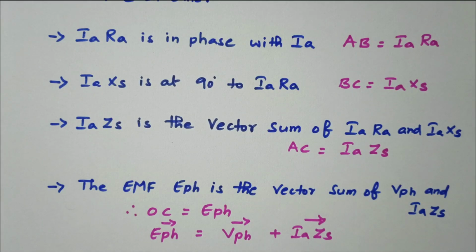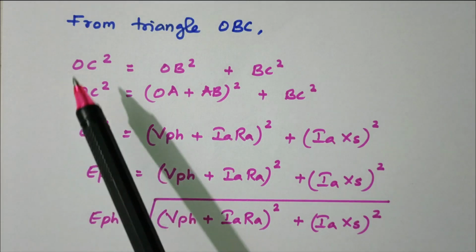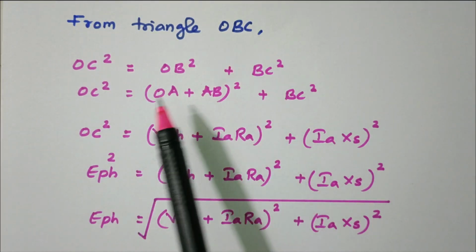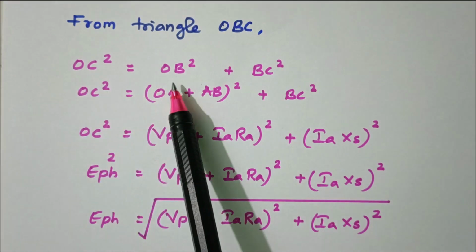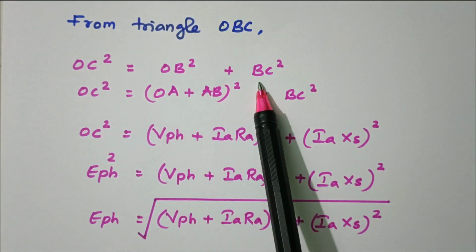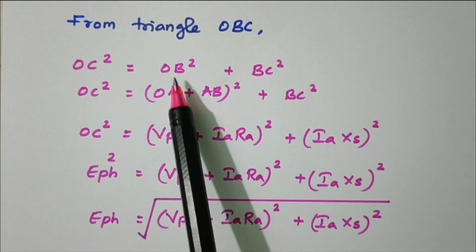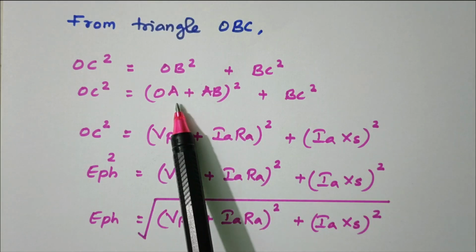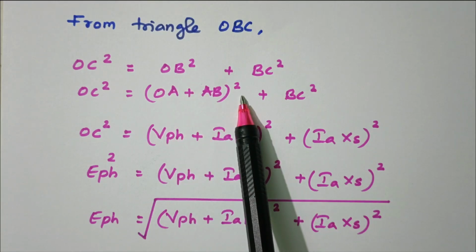Now we'll go to another expression to find the final equation. From this triangle OBC, what we discussed earlier, OC square equals OB square plus BC square. OB square is written as OA plus AB the whole square.